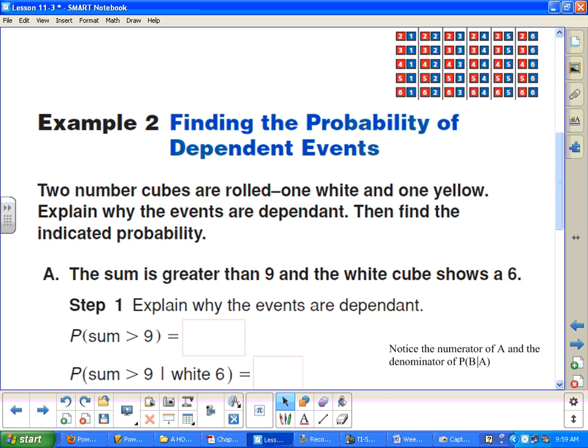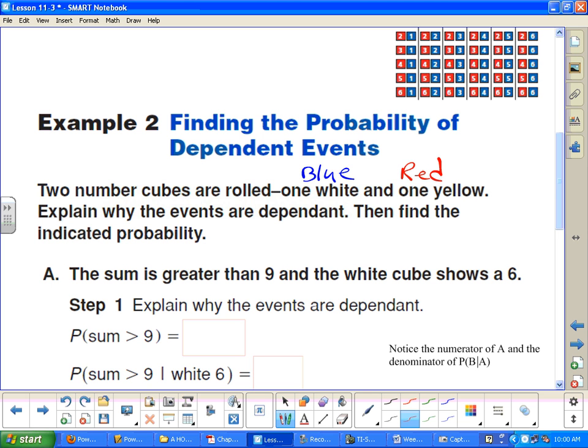We're going to say that these are blue and red. So instead of white, we're going to use blue, and instead of yellow, we're using red. Explain why the events are dependent, then find the indicated probability.